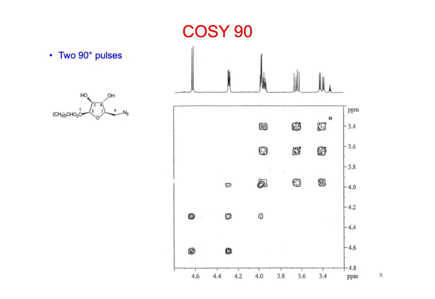Okay, so this is the experiment that we looked at first with two 90-degree pulses. This is called a COSY 90 because that second pulse, this additional one, is a 90-degree pulse. So we have a number of peaks here, and let's try to assign the peaks to the molecule, if we can see that well enough.